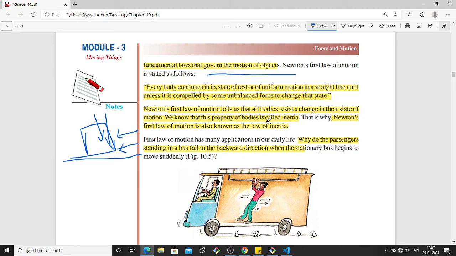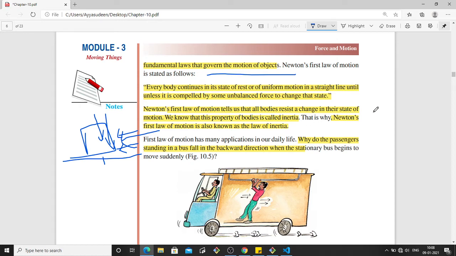You have to memorize this. Every body continues in a state of rest or uniform motion in a straight line unless it is compelled by some unbalanced force to change the state.